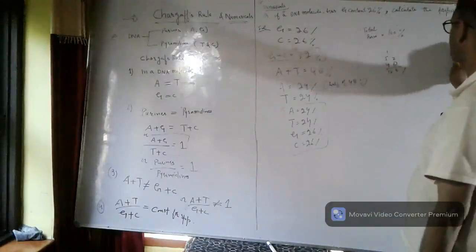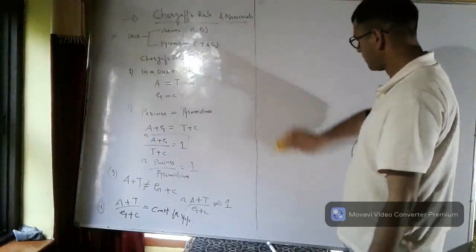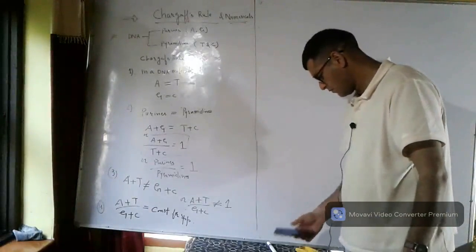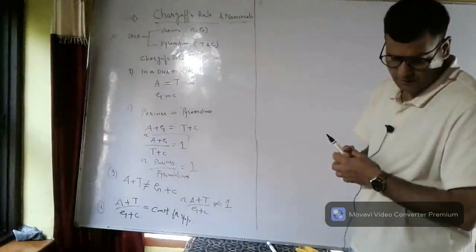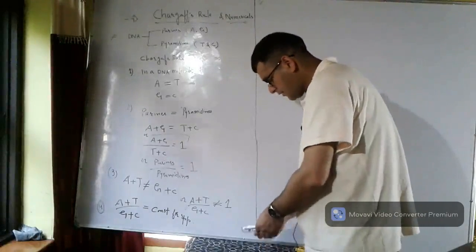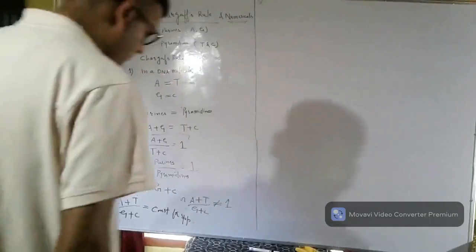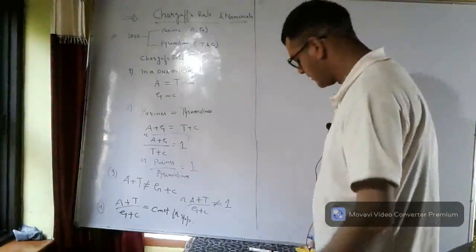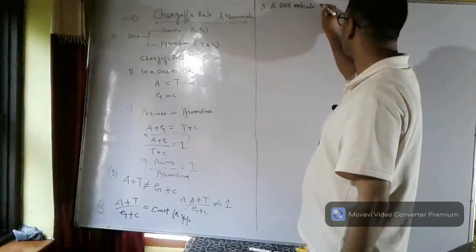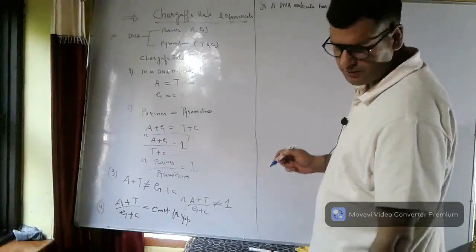Then we'll take another one. We have another problem: a DNA molecule has 180 base pairs and 20% adenine.